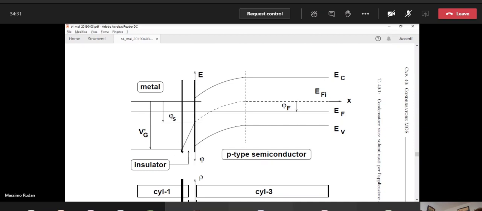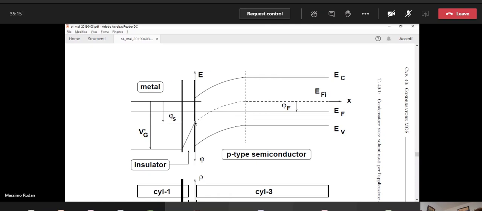The electric field, in fact, is zero on the left because the metal is equipotential, and is non-zero on the right. The reason that we shall see in a minute is that there is a layer of charge at the interface on the side of the metal. Then we continue. The potential is linear inside the insulator, and at some point we reach the position of the interface between the insulator and the semiconductor.